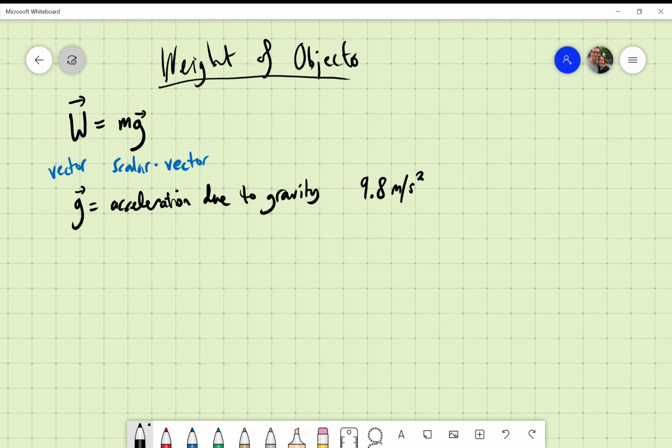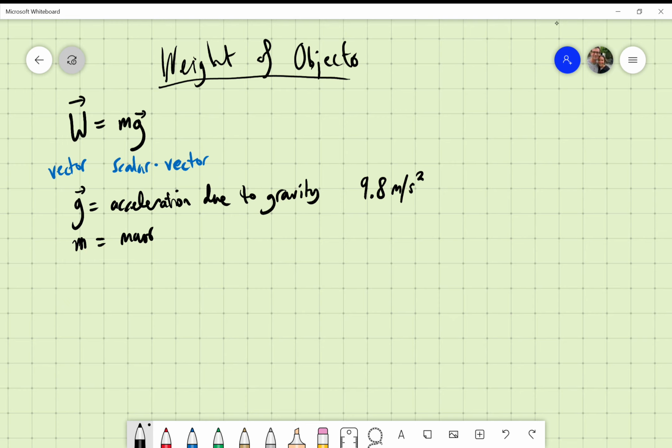So this is the rate at which objects want to accelerate as they fall, if they could have it their way, if they could have their druthers. What a great word. M is the mass of objects. Now that could be different for any object.